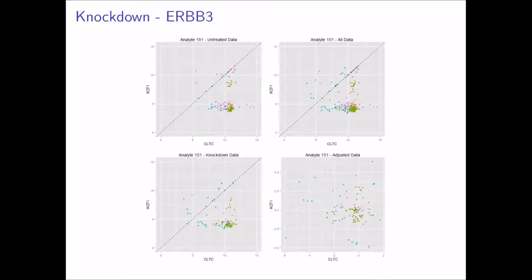And then when you adjust, again, you get this cloud around 0, and you don't get the clustering that you see in the untreated data. So I think that at least is encouraging, that the clustering, at least for this, isn't strong enough to induce clustering once the data has been adjusted on the experiments.